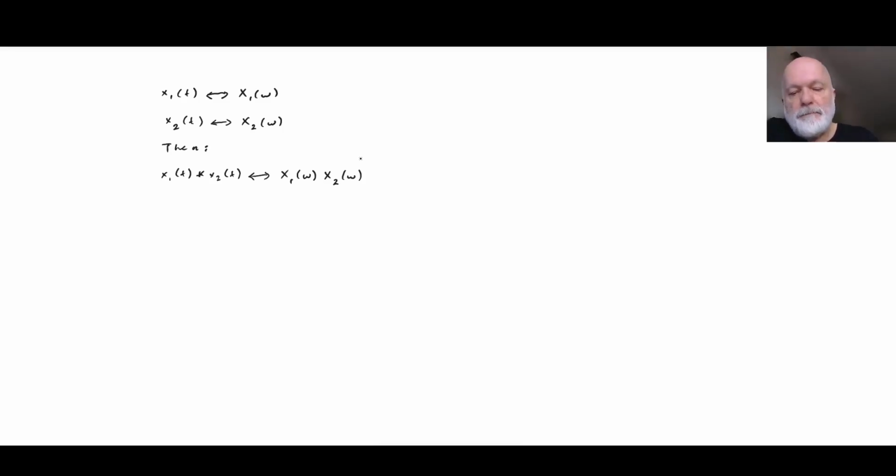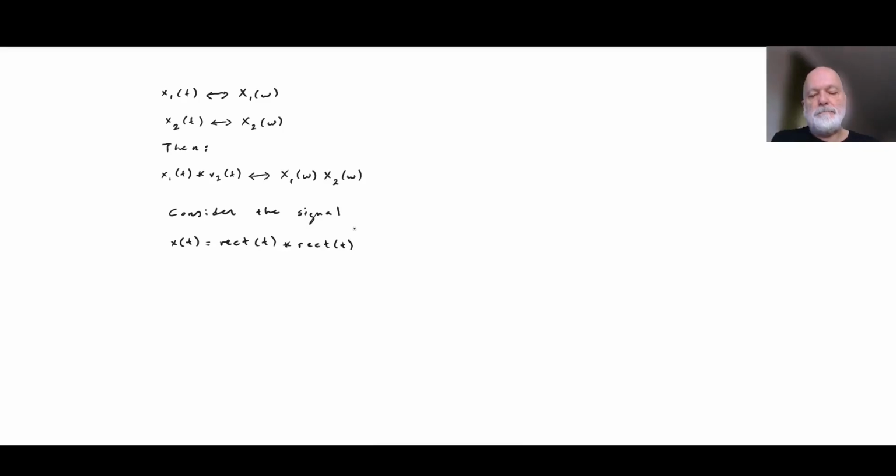So the convolution operation in the time domain is in fact a multiplication operation in the frequency domain. Okay, now consider the signal x of t, which is the convolution of rect t with itself.